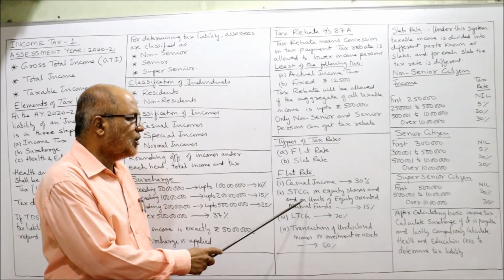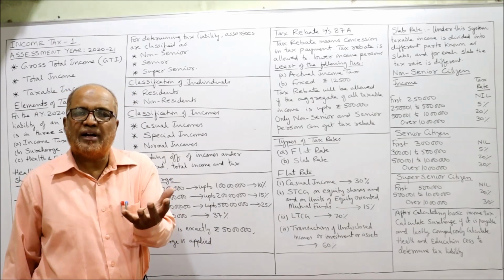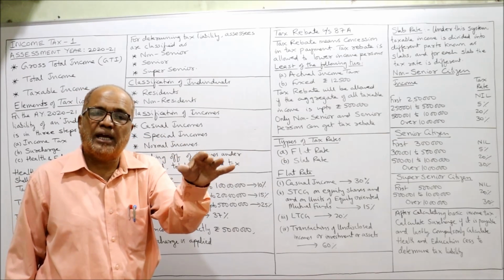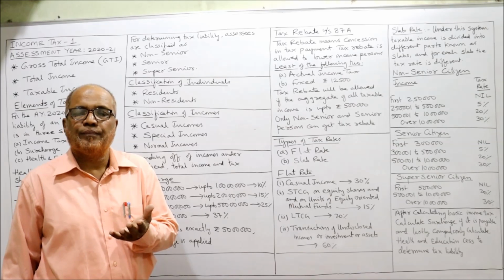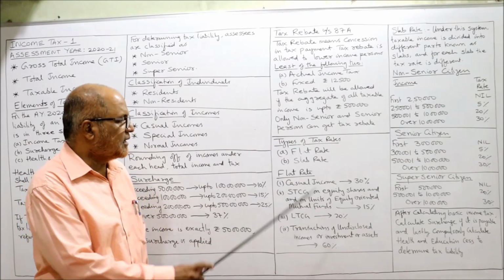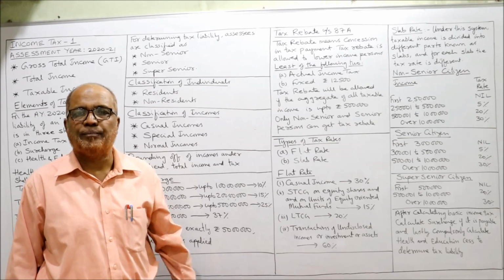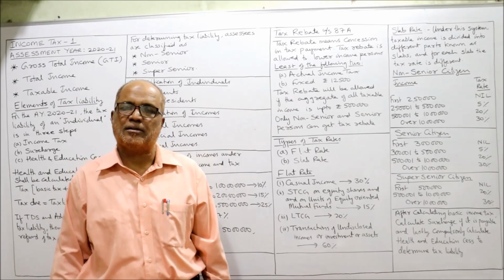And also on the units of equity-oriented mutual funds. Mutual fund company will issue the units. If it is equity-oriented units, then a person getting the dividend on this, or the person selling these units and gain arising, flat rate of tax, 15% rate of tax will be applied.